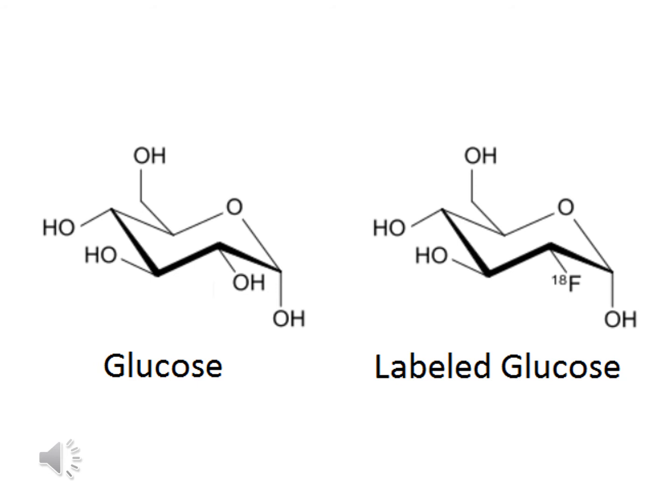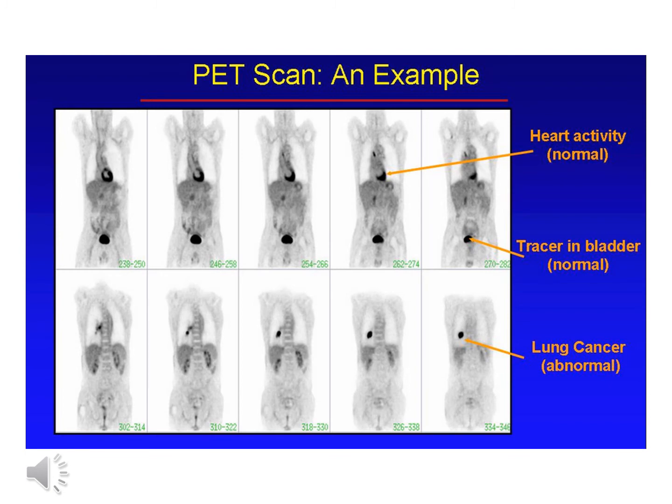But when the labeled glucose gets into a cell, there's one step in glycolysis that gets blocked. So the labeled glucose tends to remain glucose in the cell longer than regular glucose, and you can see very clearly where it is. This is an actual PET scan of a patient from the hospital.